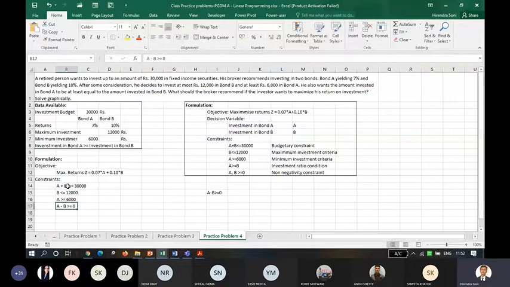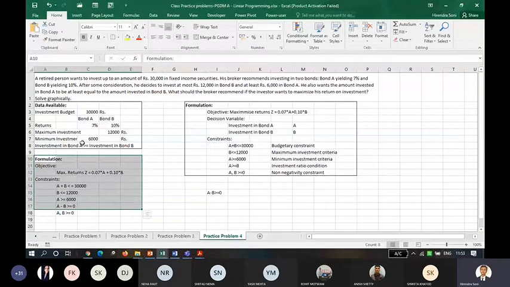We want A always to be greater than B. So whatever values we put, if A is always greater than B, we will always have a non-negative difference. And the last one is A comma B has to be greater than or equal to 0. So this becomes my formulation.